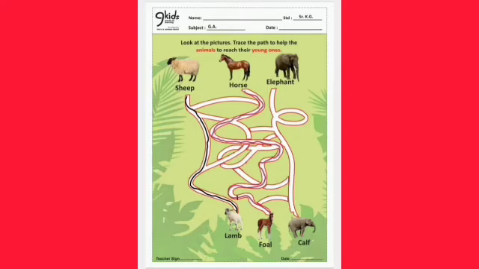Now, the next animal is elephant. E-L-E-P-H-A-N-T, elephant. Young one of elephant is called calf. C-A-L-F, calf. So let's trace it.